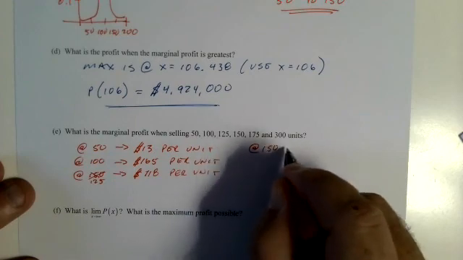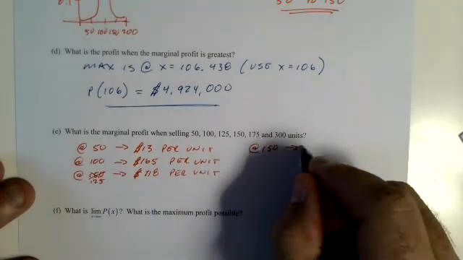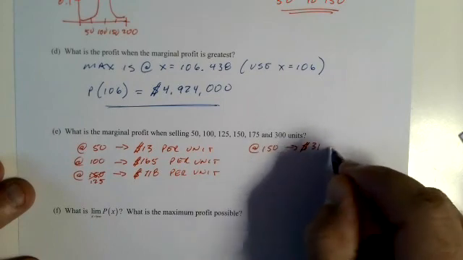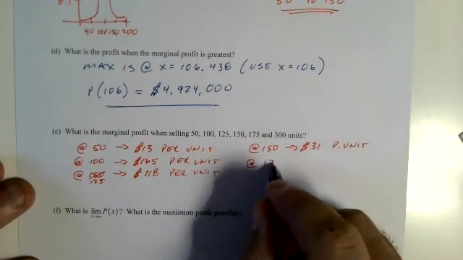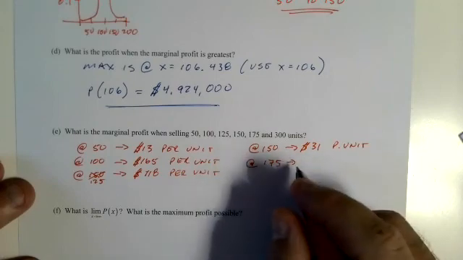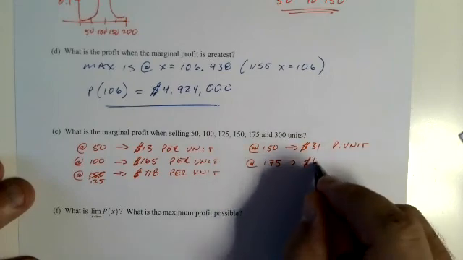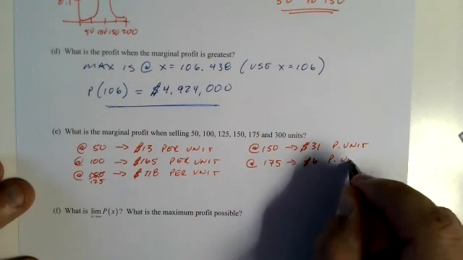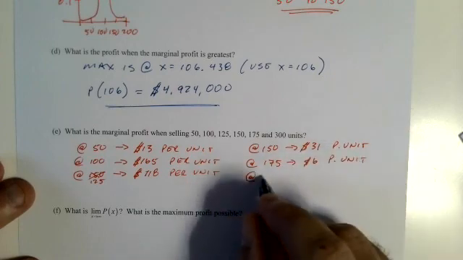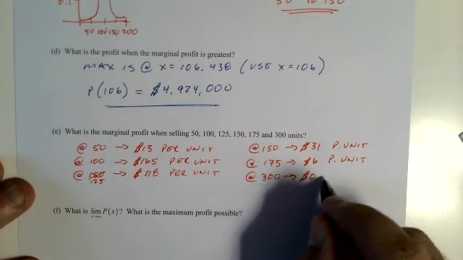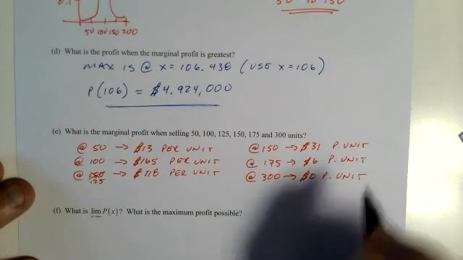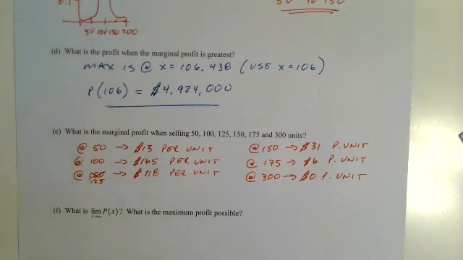At 150, it'll be lower. You're back down to $31 per unit. At 175, down to $6 per unit. And at 300, we have topped out. It's basically $0 per unit. You're just grinding the market into dust.